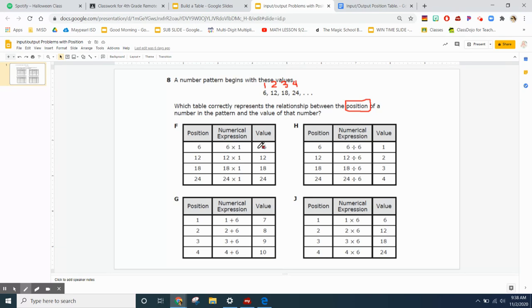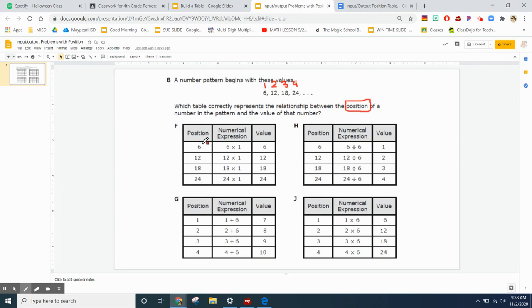And we want to represent how what is in each position relates to where it is. So if it's in position 1, how does it relate to position 1? If it's in position 2, how does it relate to position 2? So the first thing you need to look for when it asks about the position of a number is to look for the tables that show position 1, 2, 3, and 4, because position is always going to be first, second, third, or fourth in this list of numbers.